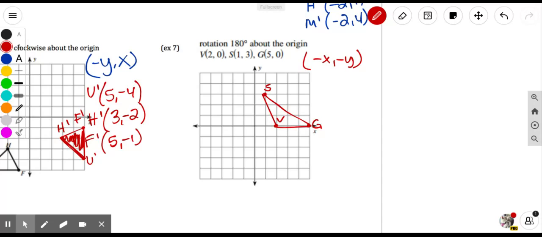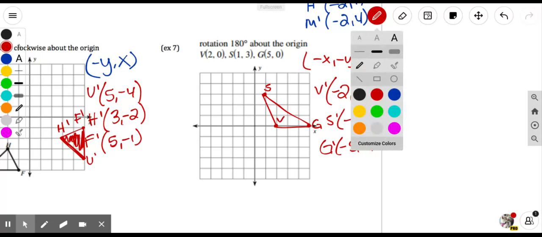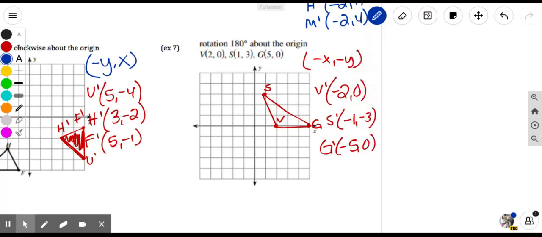And so now for our new points, I need to just change both of their signs. So V prime is negative 2, 0. S prime is negative 1, negative 3. G prime is negative 5, 0. I'm going to plot them in a different color. Negative 2, 0.